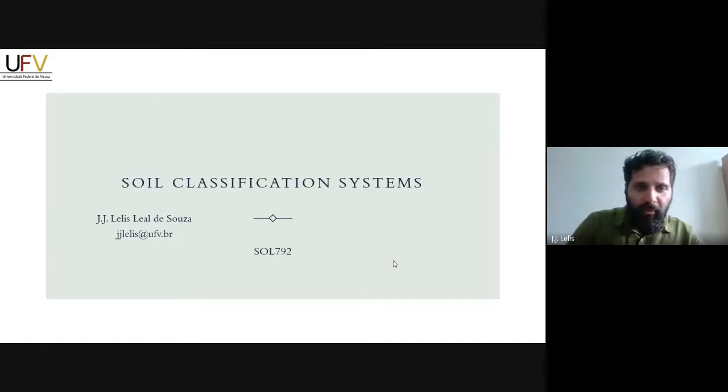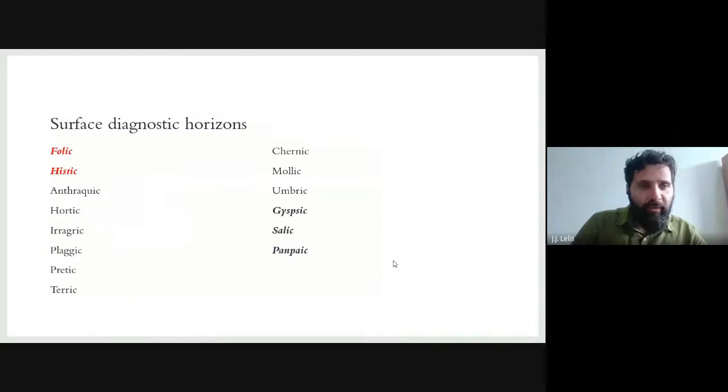Today we will finish this diagnostic horizons, specifically about the surface diagnostic horizons. Okay. We talked about the folic and histic horizons that are organic diagnostic horizons. They are formed essentially by organic carbon.